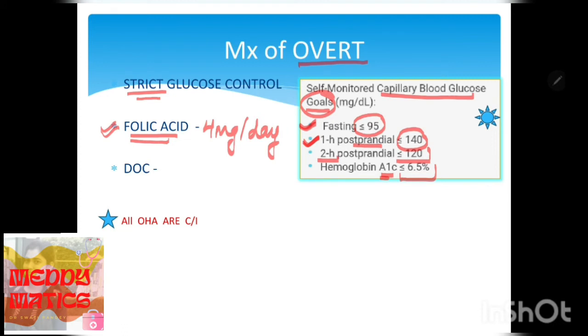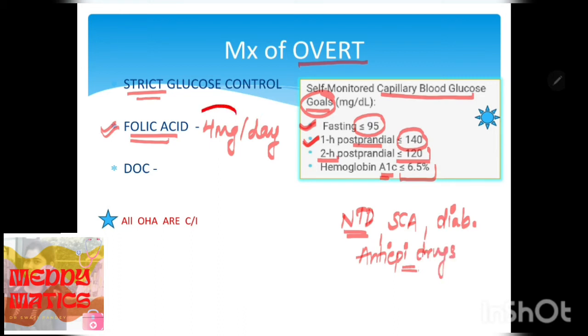Other indications where folic acid is supplemented in therapeutic doses are neural tube defect risk, sickle cell anemia, a diabetic female, and when a female is on anti-epileptic drugs, especially valproic acid. Okay, it is given in the dose of 4 mg per day.